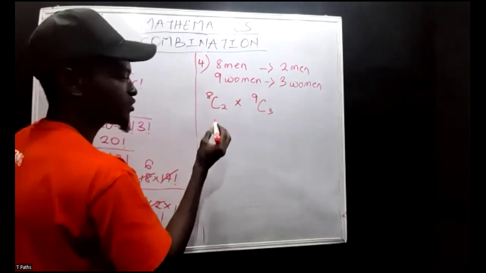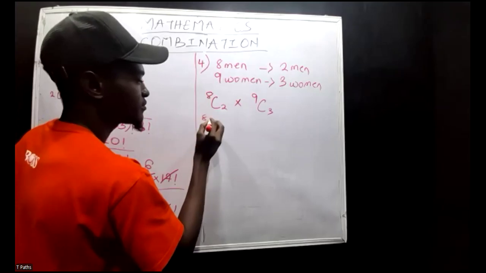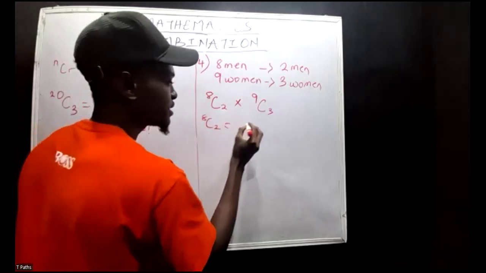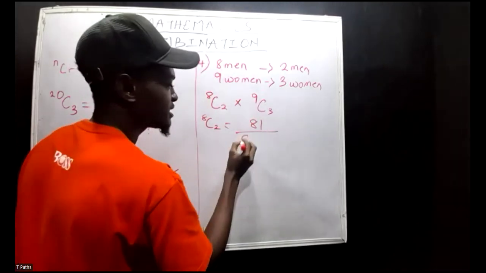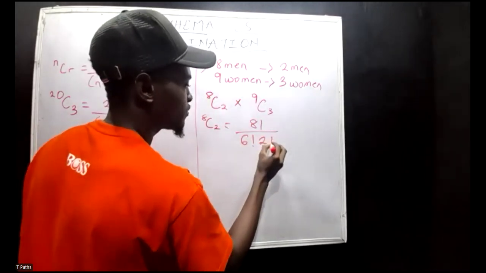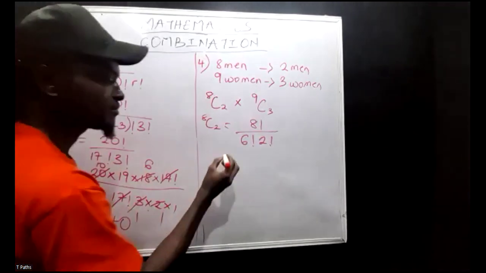Solving for this now, 8 combination 2 is simply equal to 8 factorial over 8 minus 2 factorial, which is 6 factorial, and then we have 2 factorial. That's for the first part.